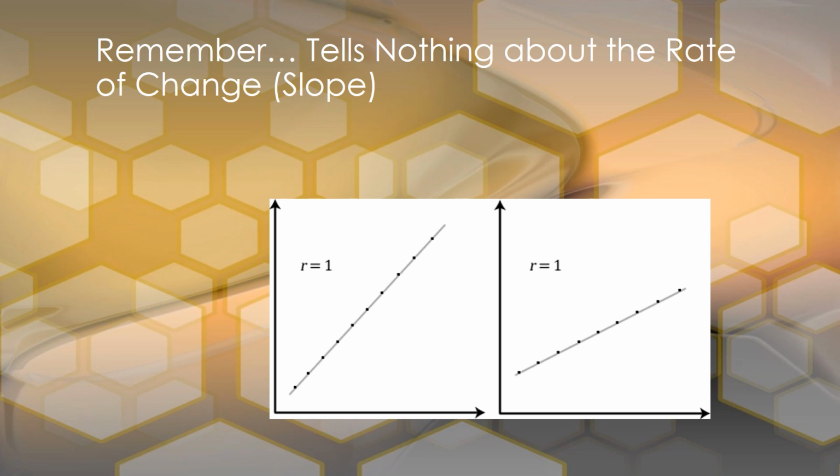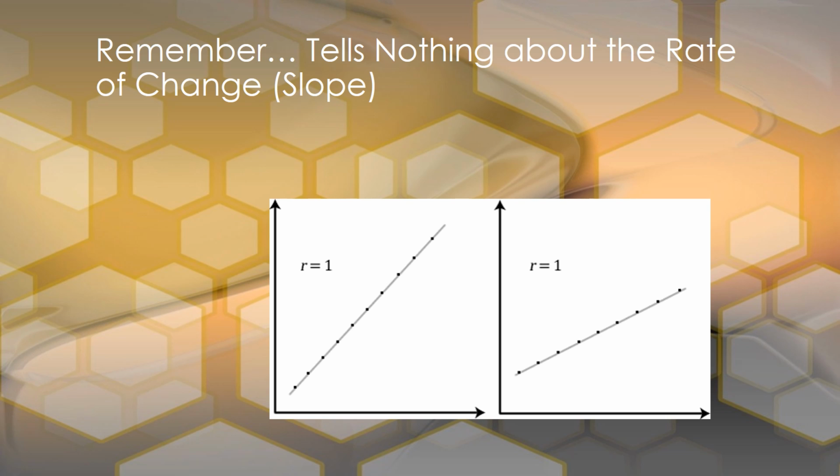You also need to remember that the Pearson correlation tells you nothing about the rate of change, which is the slope of a line. So here you can see that these two have the same Pearson correlation. They both have a Pearson correlation of 1, but they look different. The first one has a higher slope than the second one on the right.